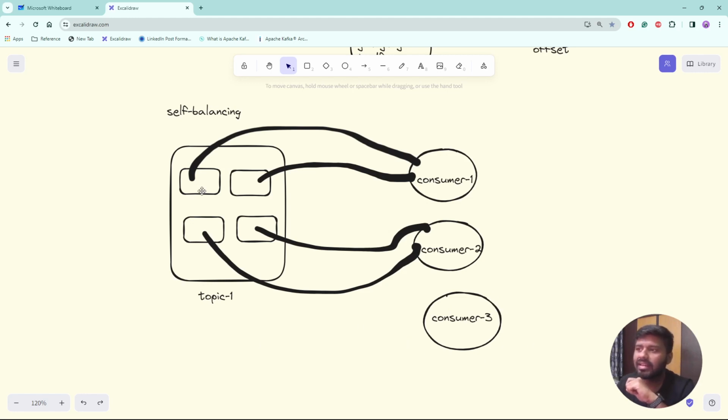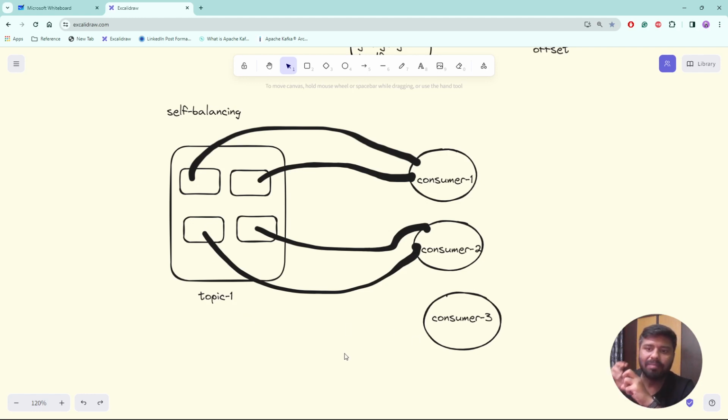The answer is that consumer 3 is going to be an idle consumer, because all of the partitions are already occupied by other consumers as part of the self-balancing feature. So this consumer won't get any specific partition of the topic to get information.